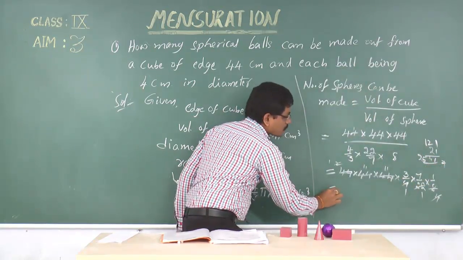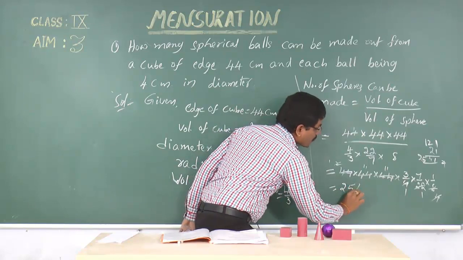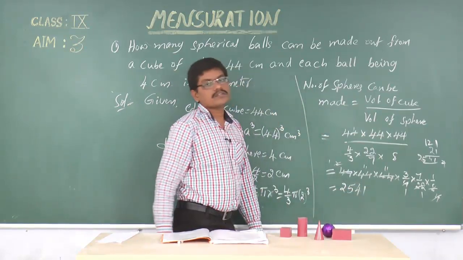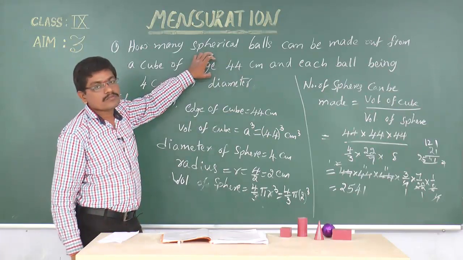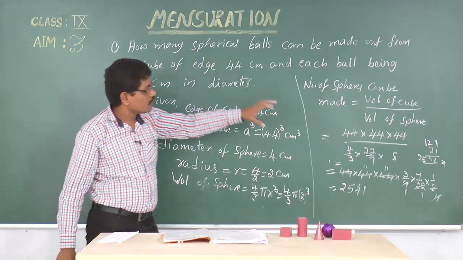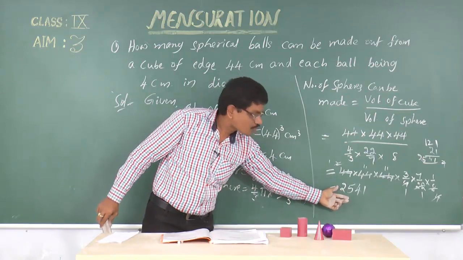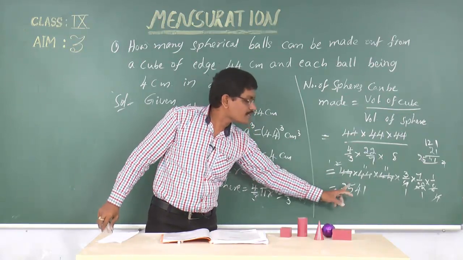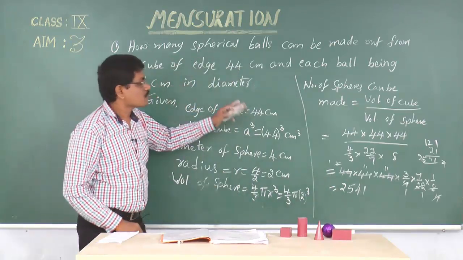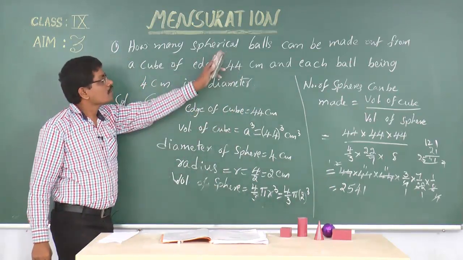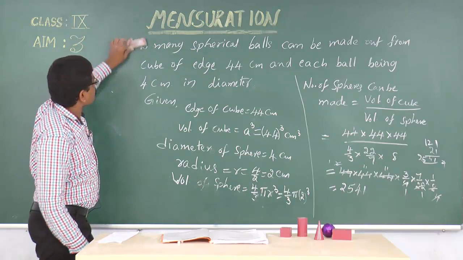That means 2541. So from the given cube, we can make 2541 spheres. This is one example for the aim number 3.